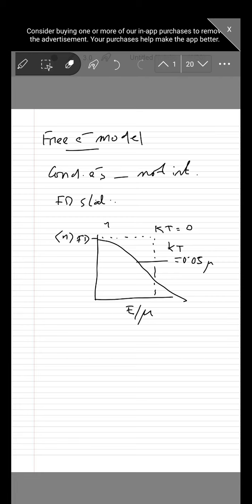Now this chemical potential mu, at absolute zero, is what is known as the Fermi energy.